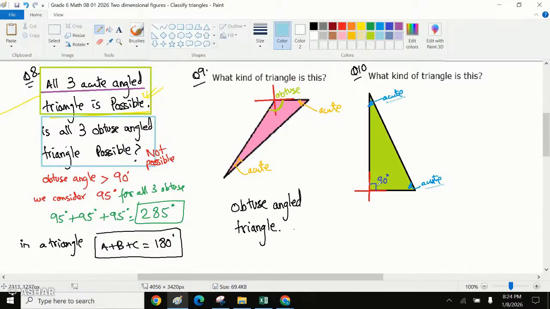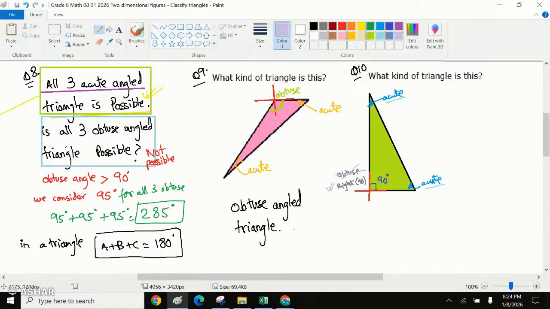What about the third? The third only had two possibilities: either it would be obtuse or it would be right. Right means 90 degrees. Either it would be 90 degrees or it could be greater than 90. What we can see in this diagram is that this is not obtuse. It is perfectly 90 degrees, right?